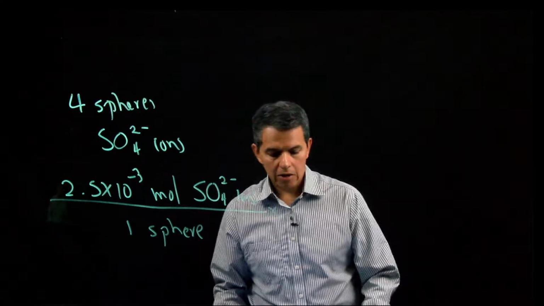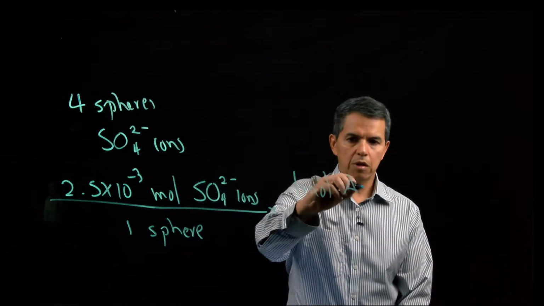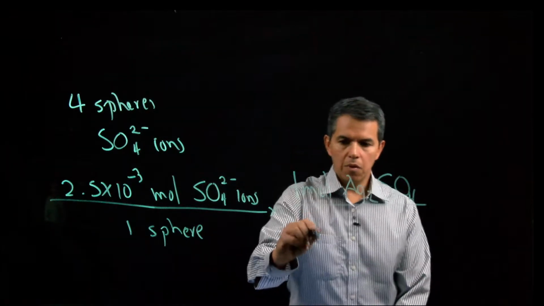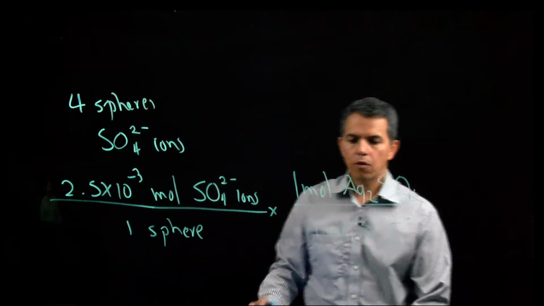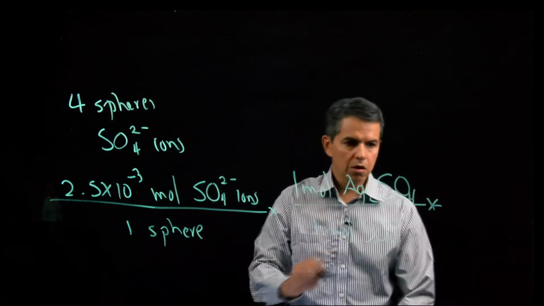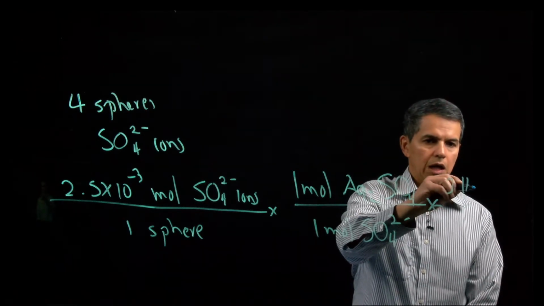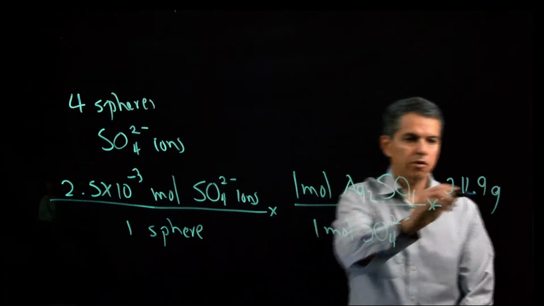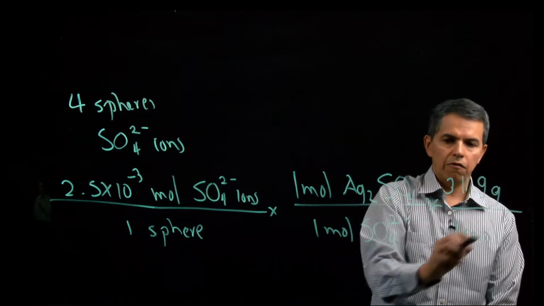We know from the reaction and the formula of the precipitate that we have 1 mole of silver sulfate per mole of sulfate, or that 1 mole of sulfate is in 1 mole of silver sulfate. And then we are going to use the formula mass, which is 311.9 grams of silver sulfate per 1 mole of silver sulfate.